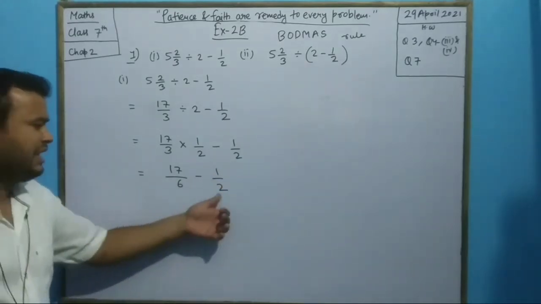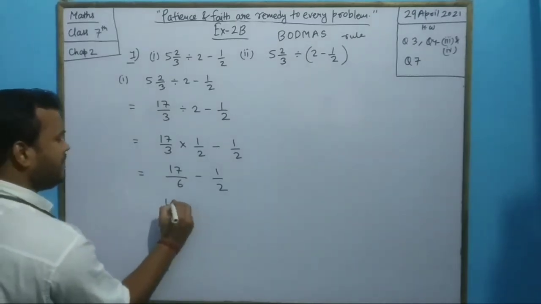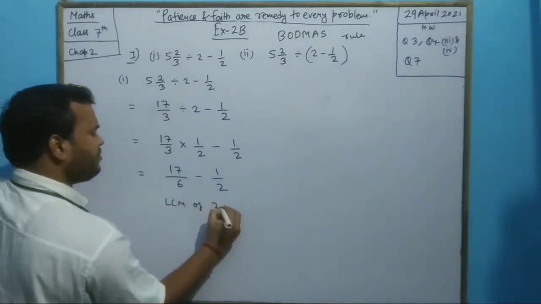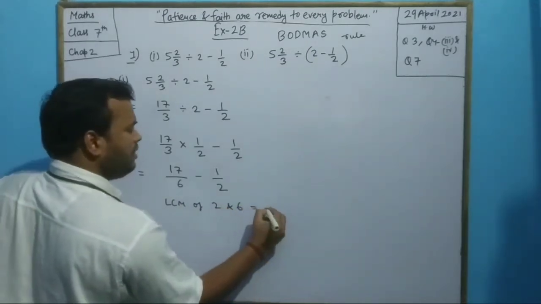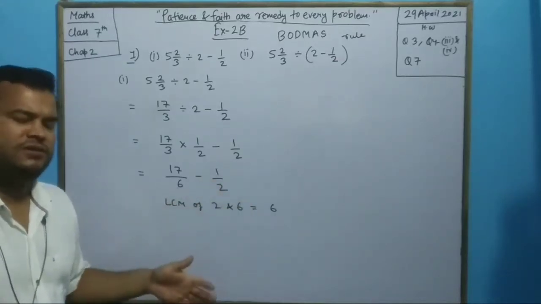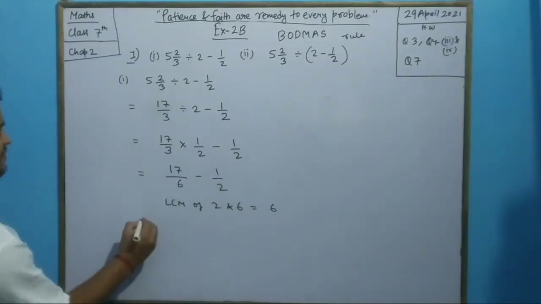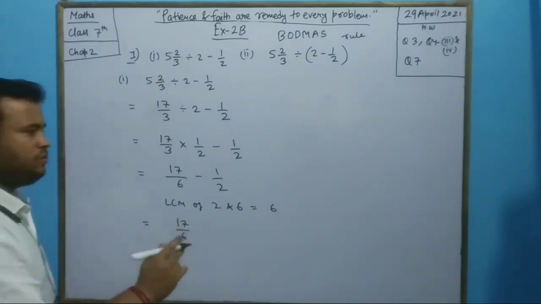So we need to take the LCM of 2 and 6. Last time I told you how to calculate it. So here the LCM of 6 and 2 will be 6. You can also calculate it by yourself. Now the denominator is already 6, we don't need to do anything.